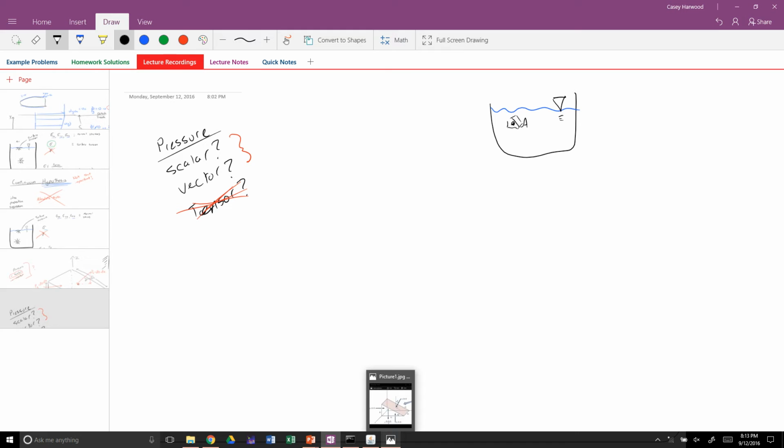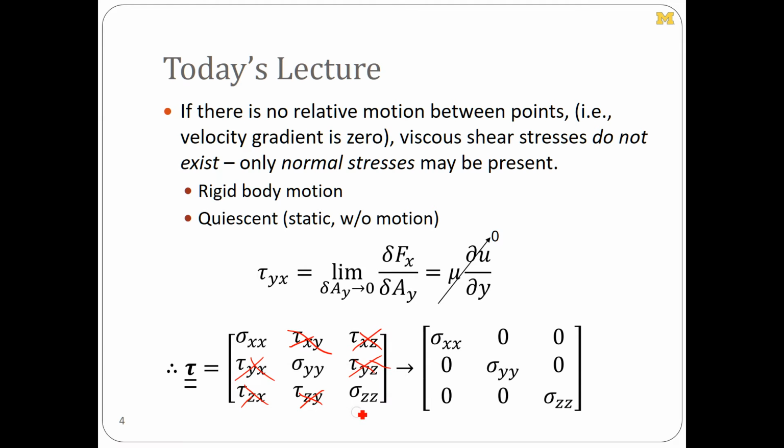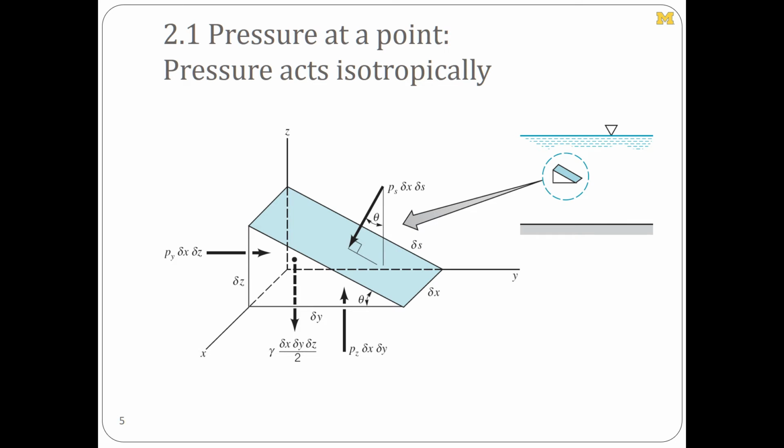And to save you from my less than stellar artistic skills, the nice folks that made your textbook have already provided us with this sketch.